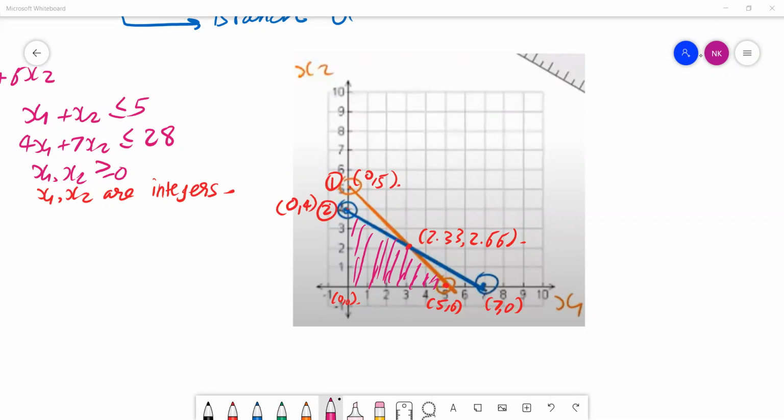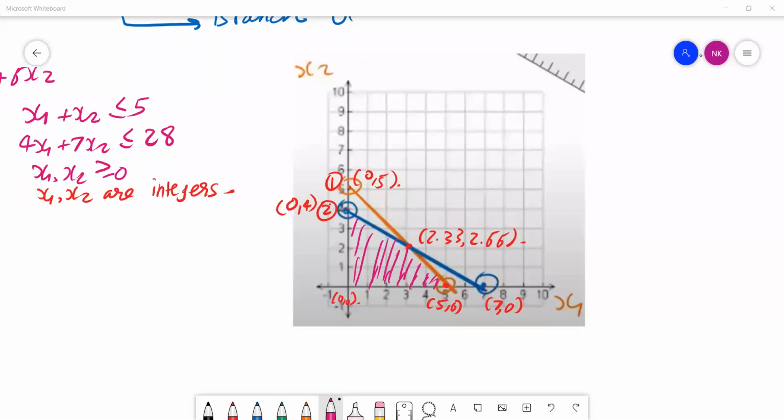Okay, 3,2. Fine. Okay, I'm repeating, don't move directly into integer linear programming.